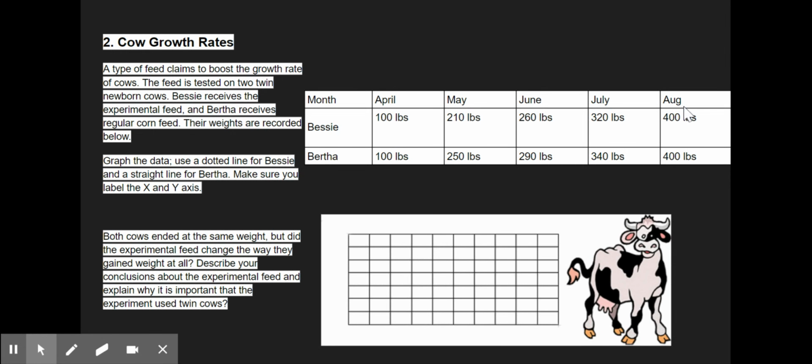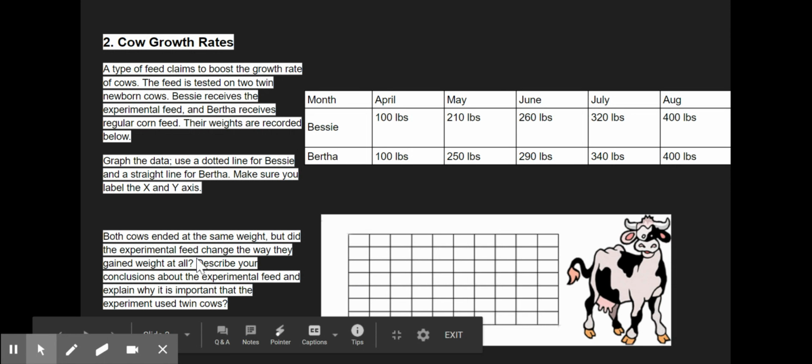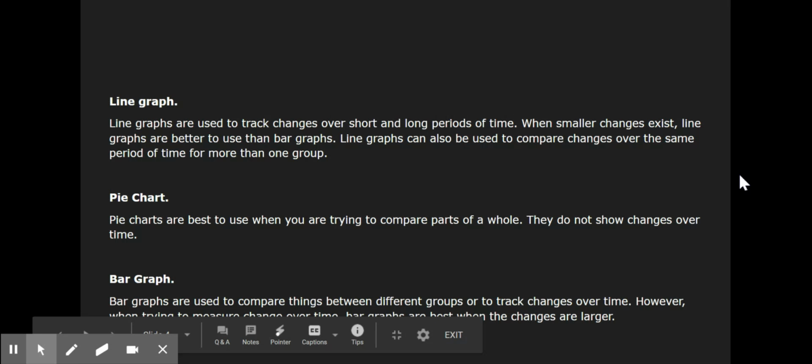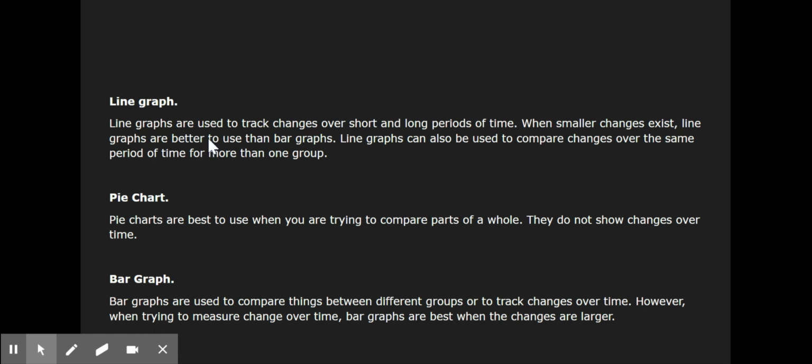So in between April and August, did they gain weight differently? That is what you're looking to find. Okay. Describe your conclusion. So make sure you're using your evidence from this with your labels and your graph here in itself. So in the next video, we're going to dive into the types of graphs, and then we're going to look at a couple more questions on this sheet.